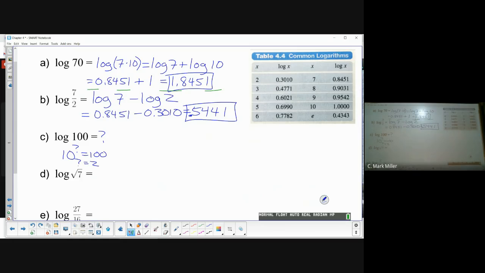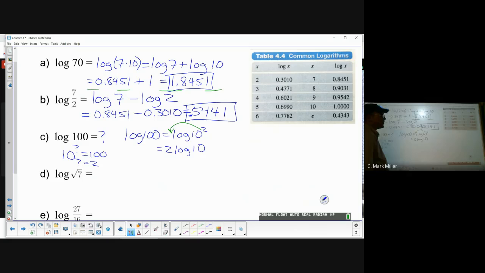Another way to do it is to say that log of 100 is log of 10 squared. And you can bring this down front. So that equals 2 log 10.